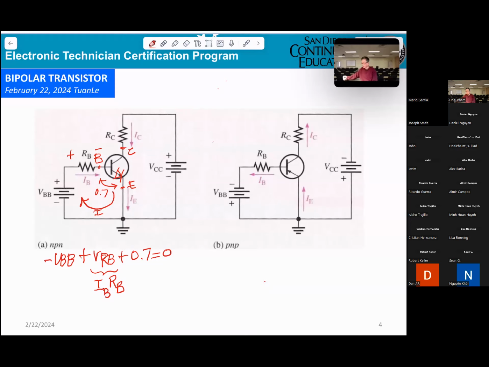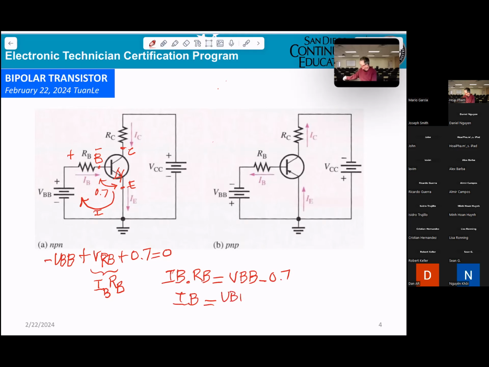So from this equation, you can see, you can get IB times RB equal VBB minus 0.7. This will be helping you to calculate the IB.